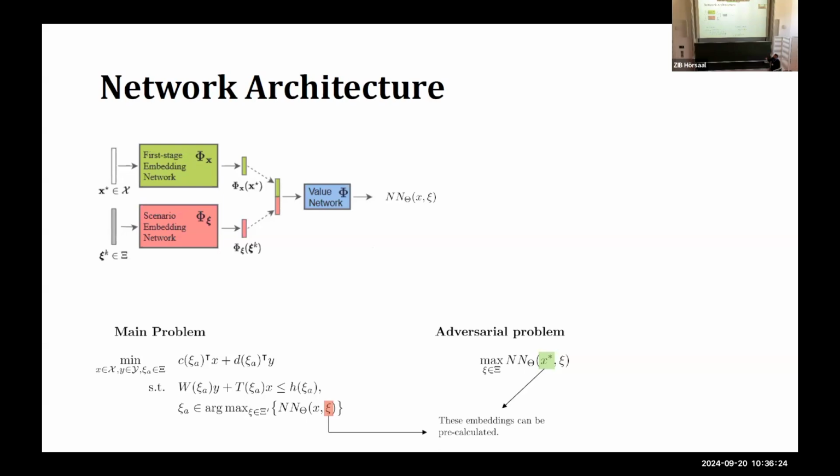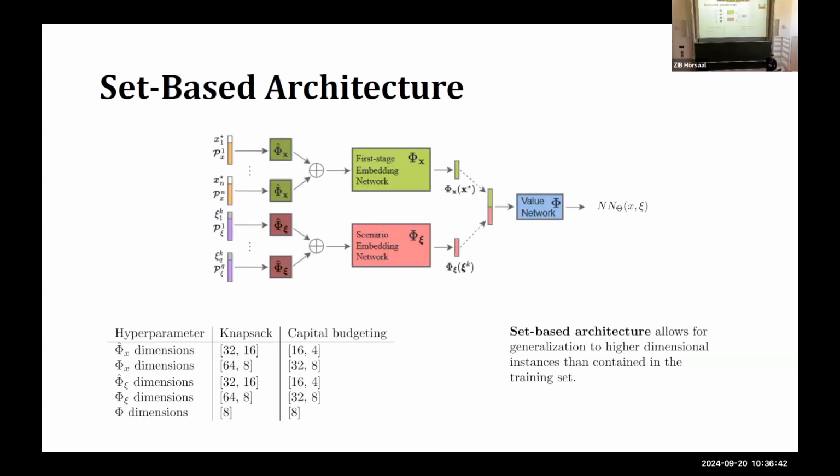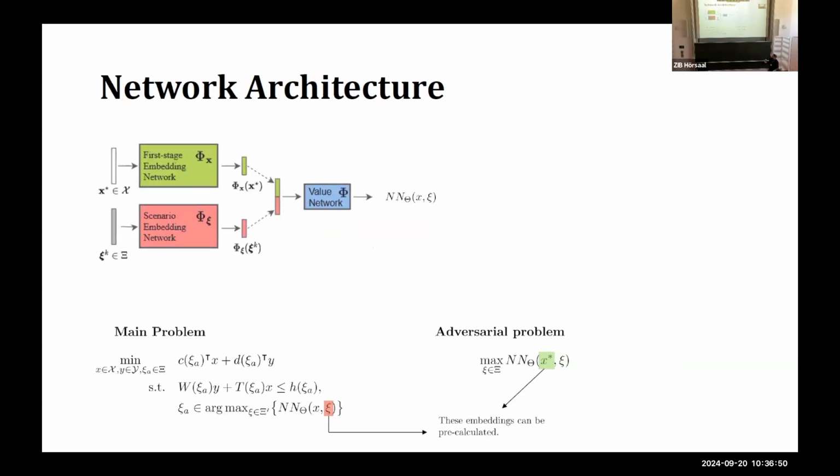So this part, the green part, you can now pre-calculate it. You don't need to optimize over it. So you're saving a lot of constraints and big M constraints and variables. And in the end, this network is quite small. So by this construction, it can be quite efficient to optimize over it. Still one detail here which you can improve is, for now, if you consider this, now the input size is fixed here, right?